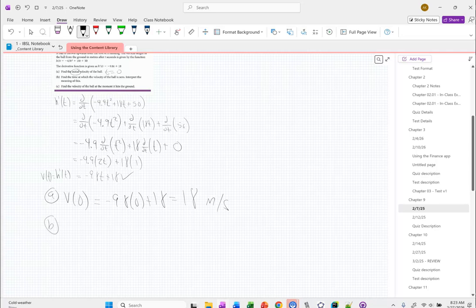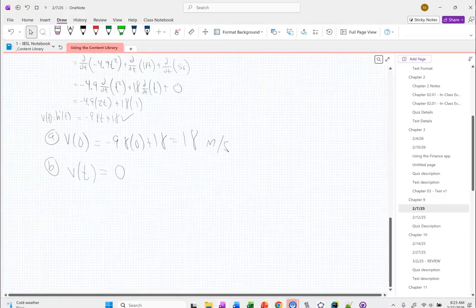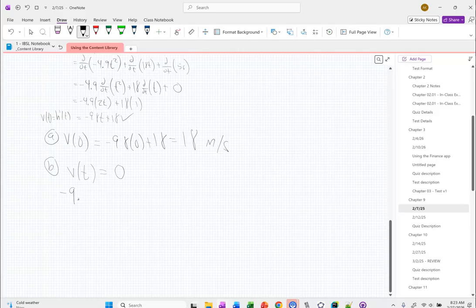Part B says, find the time at which the velocity of the ball is 0. Interpret the meaning of this. So I want to find when v of t is 0. Well, the equation for v of t is this, right?